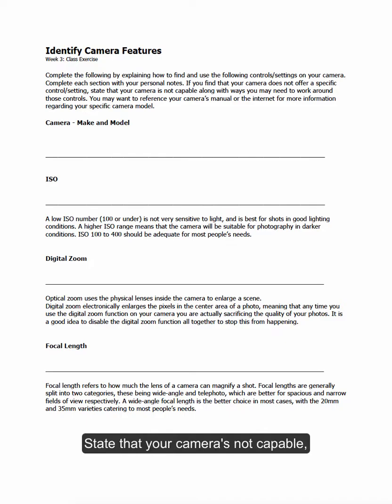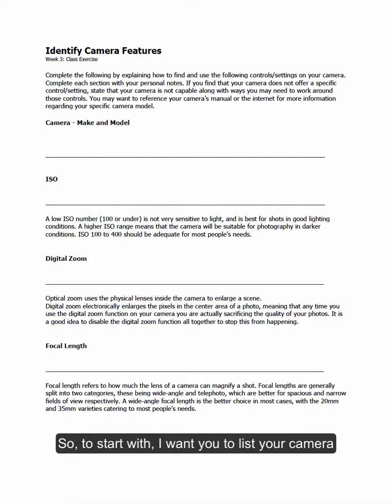State that your camera is not capable, along with the ways that you may need to work around those controls. You might want to reference your camera's manual, which most manuals are online, or just general internet searches for more information regarding your specific camera model.